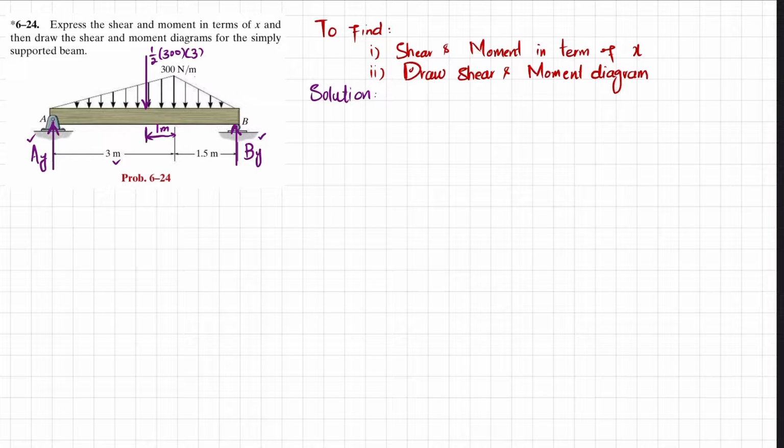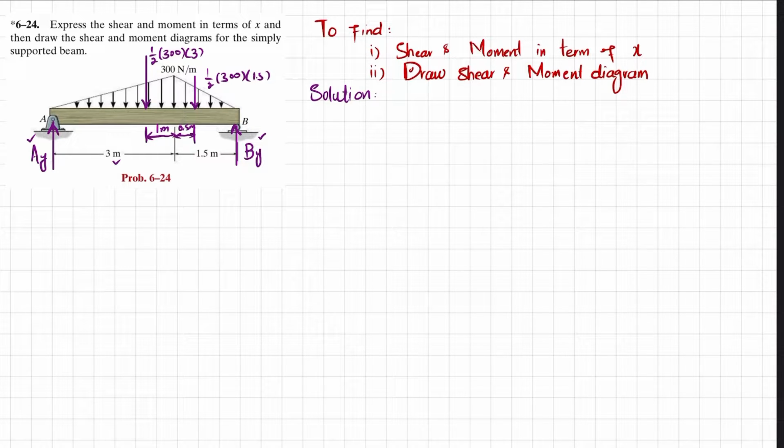And the same for this load: there will be a point load of 1 over 2 into 300 multiplied by its length, which is 1.5, and this will be acting at a distance of 1.5 divided by 3, which will be 0.5 meter.